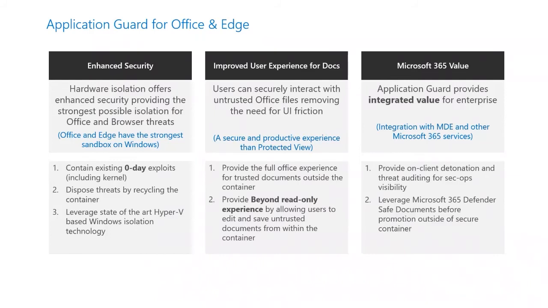But if the user tries to do it, then it will still be checked against Office SafeDocs. And if it is deemed safe, then only it will be allowed to run on the desktop. So that is the overall enhanced Microsoft 365 value it gives you by virtue of integrating with these other technologies.